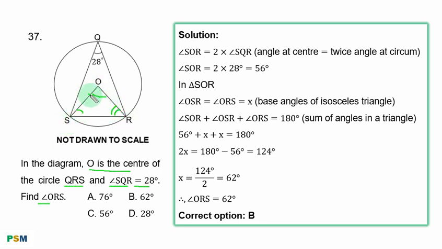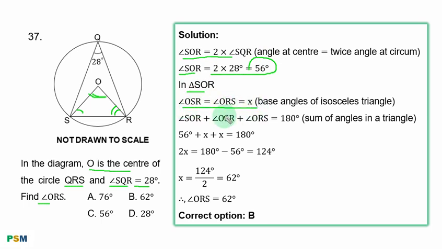This angle at center SOR is equal to 2 times angle SQR. Angle at center is twice angle at circumference. Angle SOR becomes 2 times 28 degrees equal to 56 degrees. In triangle SOR, the base angles are equal.